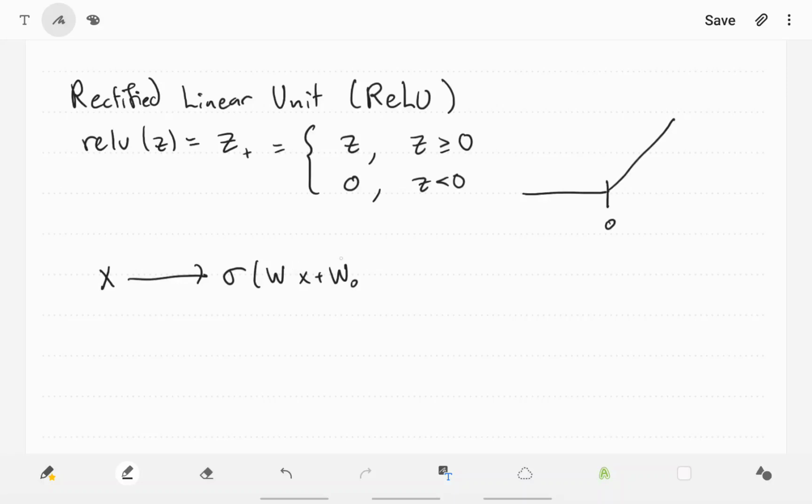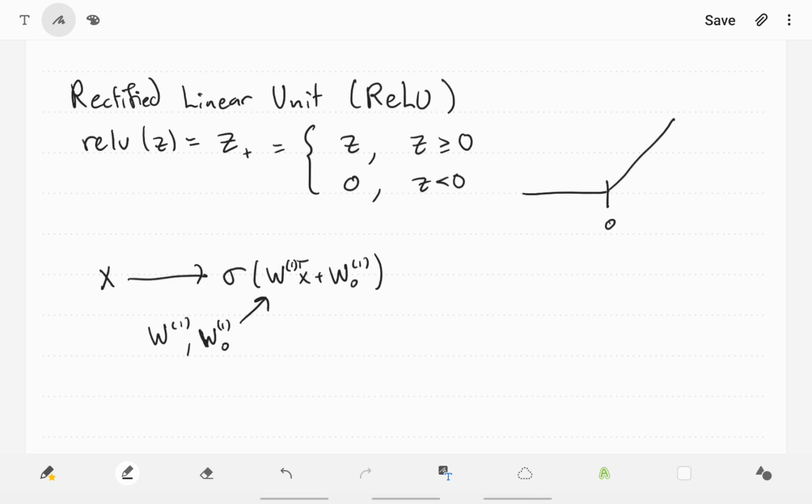And let's actually superscript this with W1 transpose x plus W sup 1 naught. And then, of course, we have W1 and W1 naught feeding into this. And these are trainable variables down here.